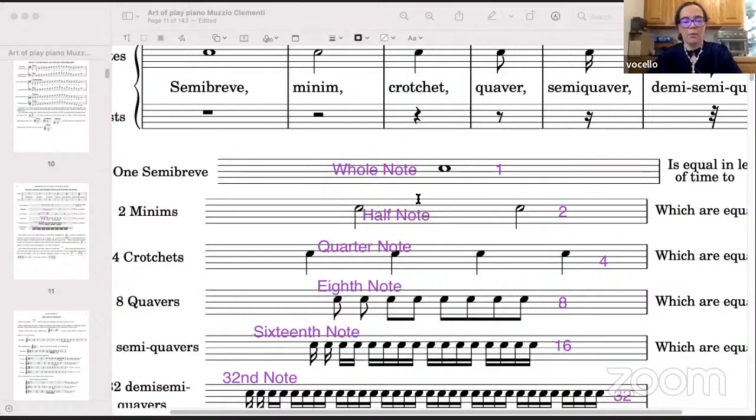Bar line or measure line. This is measure number 1, measure number 2, measure number 3, number 4, number 5, and so on.